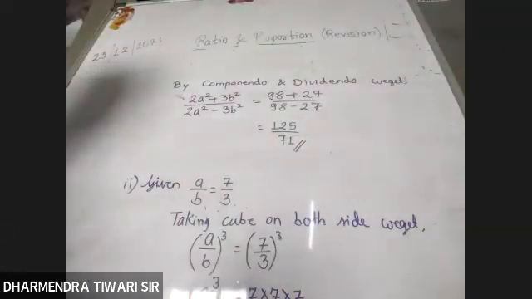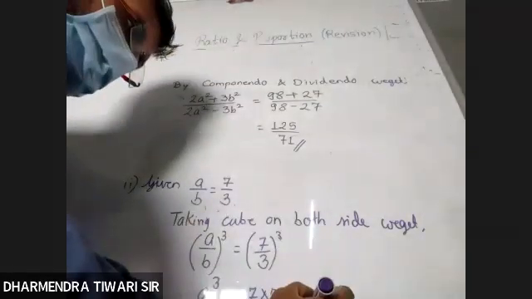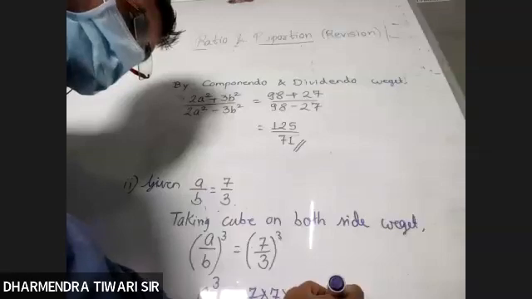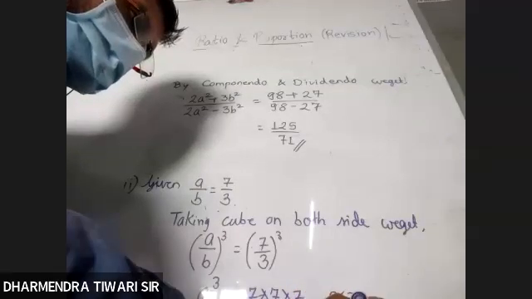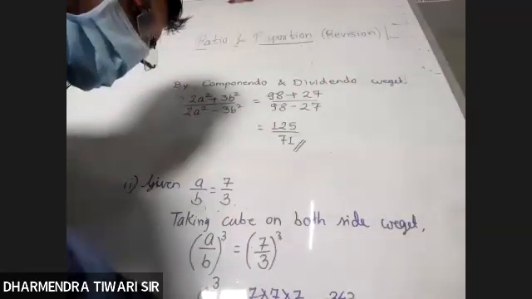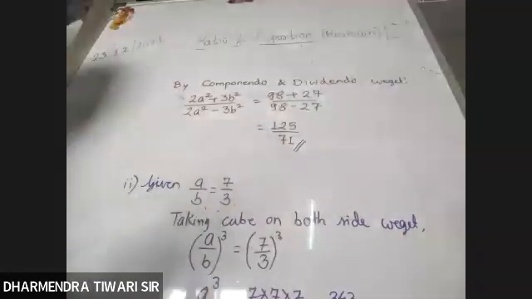As power is 3, we have written the same number 3 times. 7 sevens are 49 and 49 into 7 is 343. Please check. 3 threes are 9, 9 threes are 27. So this is the value of a cube upon b cube.